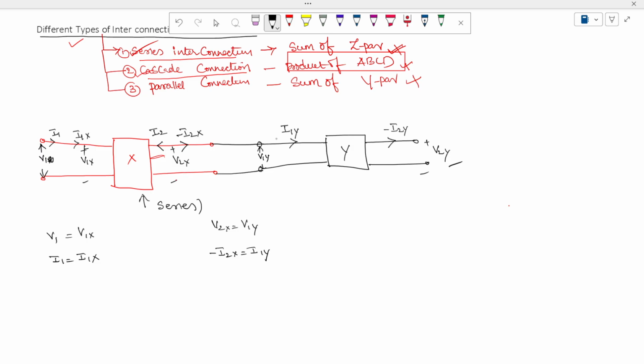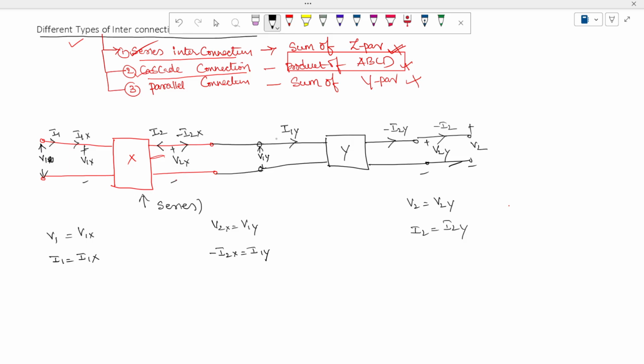At this point it is V2Y, and resultantly V2 is equal to V2Y. And the current here we are going to have I2, so the resultant current also flows in this direction only. This is nothing but minus I2. So I2 is equal to I2Y.